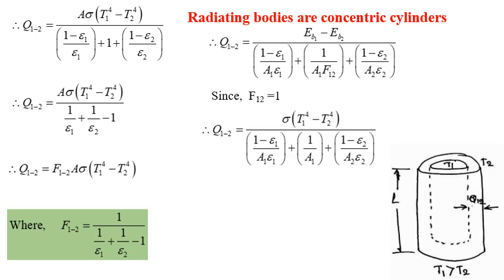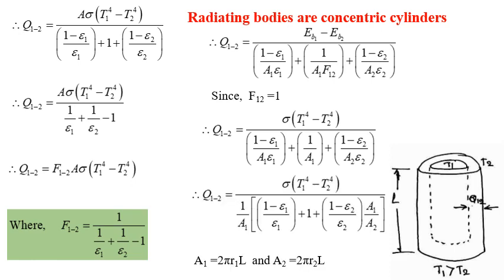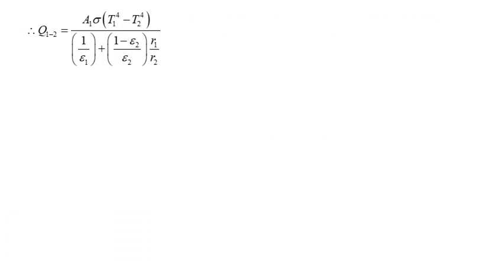So simplifying further, finally Q1 to 2 is equal to sigma into (T1 to the power 4 minus T2 to the power 4) divided by 1 by A1 into [(1 minus epsilon 1) divided by epsilon 1, plus 1, plus (1 minus epsilon 2) divided by epsilon 2 into A1 by A2], where A1 and A2 are calculated for cylinders, and substituting the values, we will get the final equation.